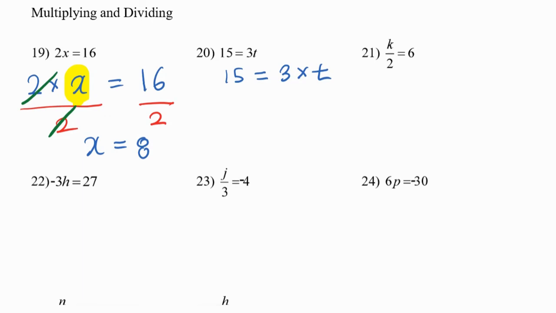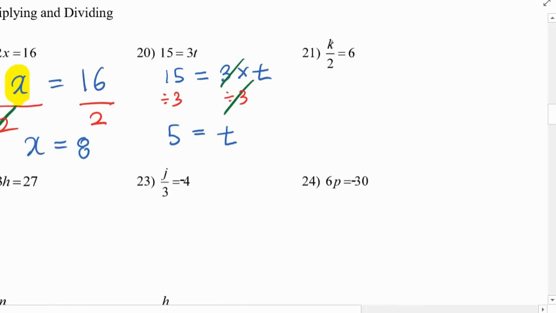So to isolate t, I am going to divide both sides by 3. Or you use a division bar, they're the same. 15 divided by 3 is 5. And multiplying 3, dividing 3 will be cancelled. On the right hand side, you have t isolated. The answer is 5.